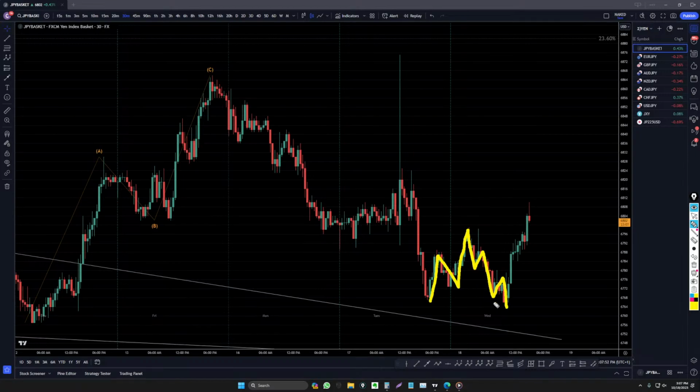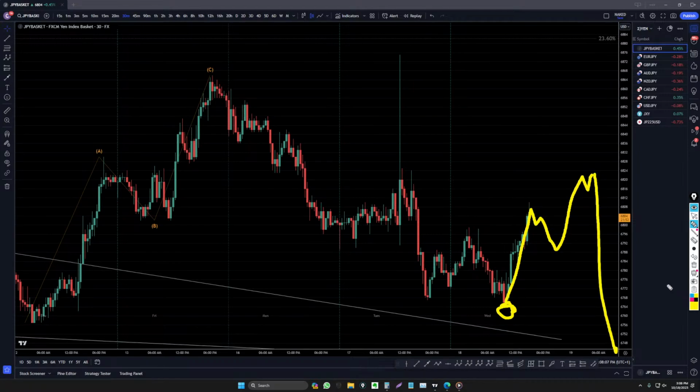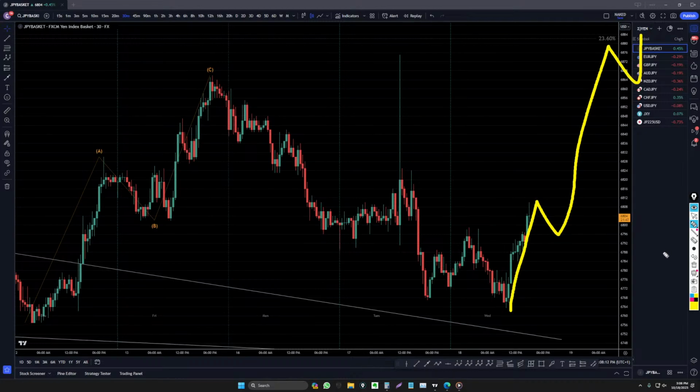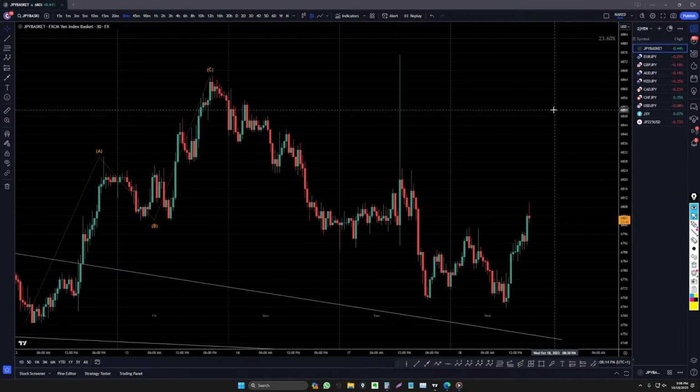So that's 3-5-3. Yeah, that doesn't make sense in any wave terms at all. So more likely this is like the end of a wave 5 of something. And this is now going up to either make another ABC like this and go down, or hopefully it's going to make a 1, 2, 3, 4, 5 of C. Let's hope so, at least.